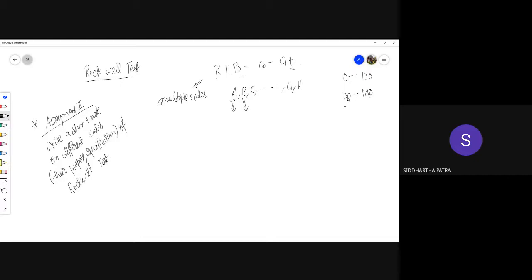Now, each scale has different specifications. So what varies? Both the quantities vary, the load and the indenter. Of course, even in the Rockwell test, the force is a constant. Once you choose a given scale, the force is a constant. For example, if you choose B scale, this much is 100 kg force, and the indenter is a 1/16 inch hardened steel ball.